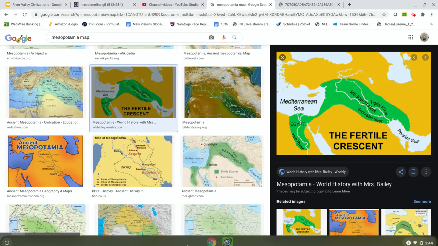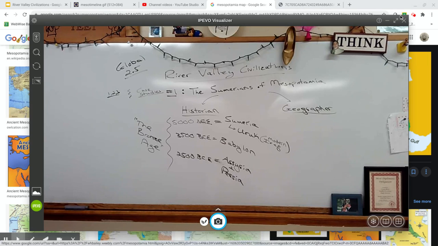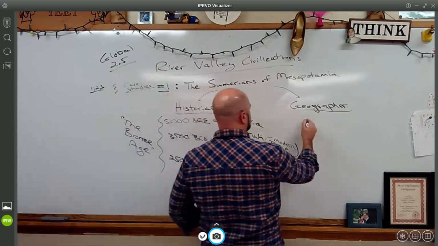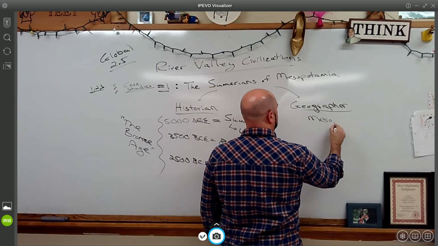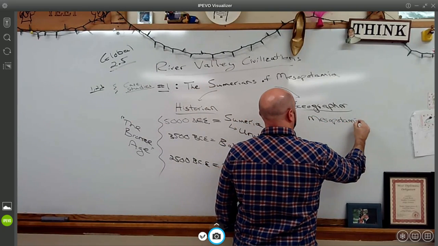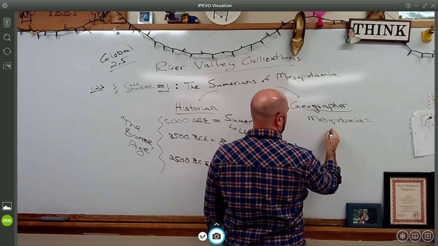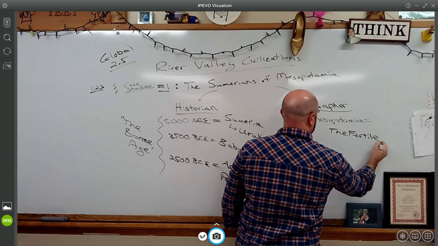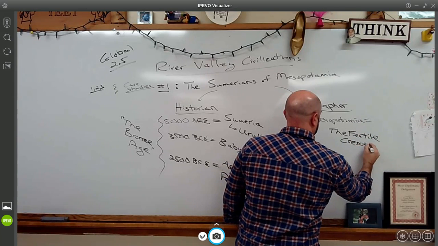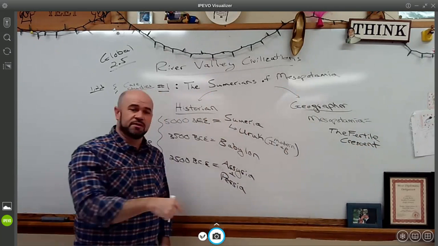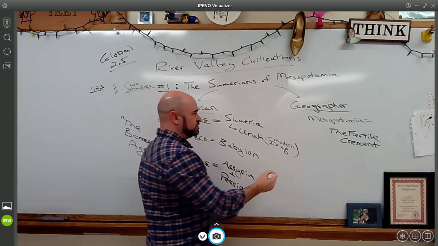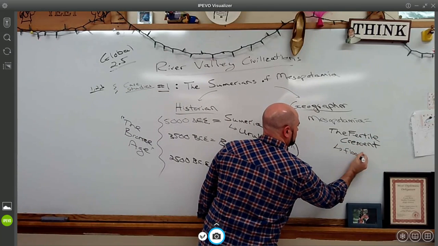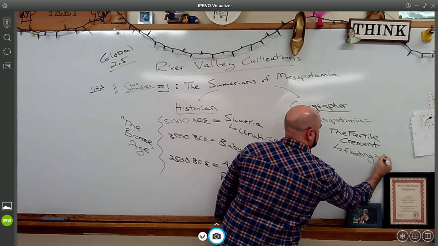Great. Swinging back to the board, what do we need to know for our notes? We need to know that Mesopotamia is nicknamed the Fertile Crescent. And we've watched a video previously on how silt forms in river valleys due to flooding.